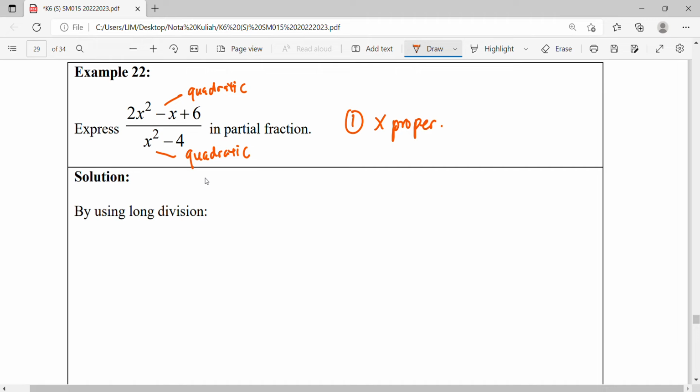When we have an improper fraction, it cannot straight away proceed to partial fractions. So for these improper fractions, we need to undergo long division. Let's simplify the fraction first to a proper fraction, then only we can proceed to partial fractions.